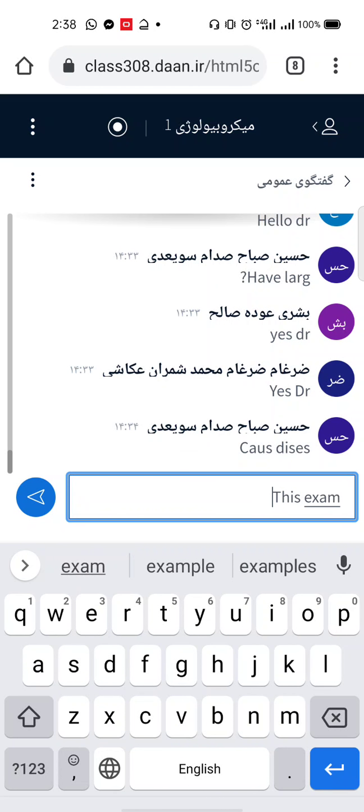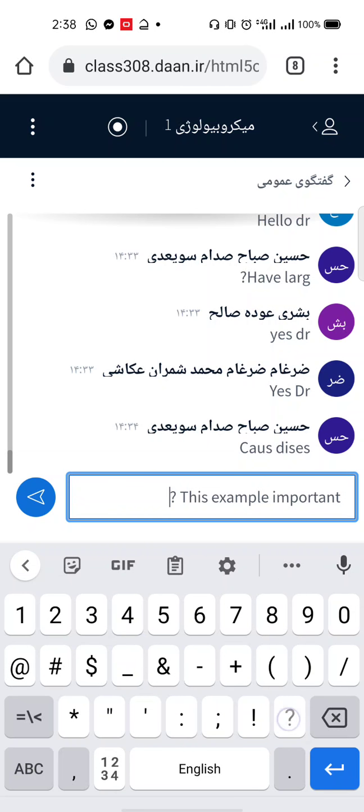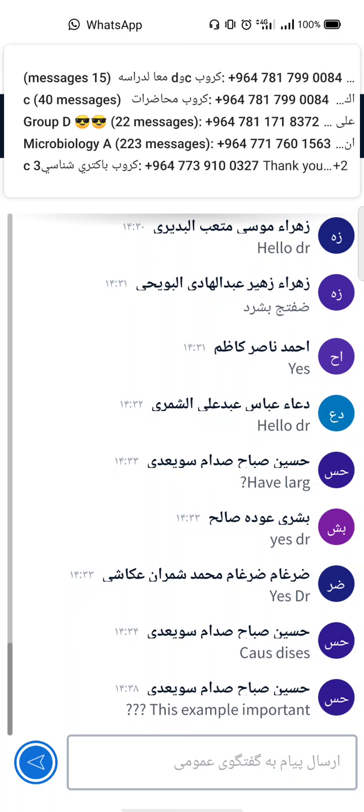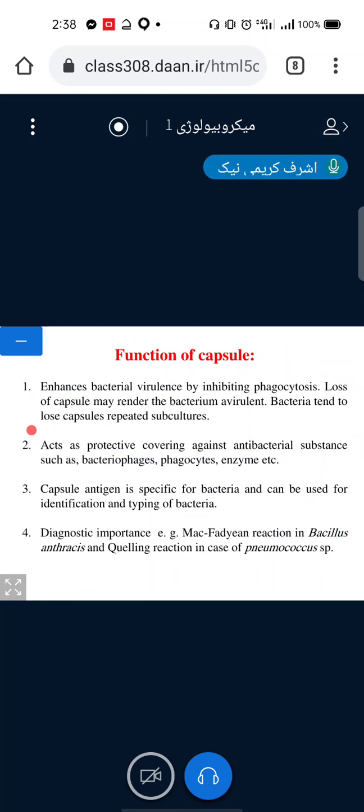Bacteria tend to lose capsules on repeated subcultures. When you culture and culture a bacterium repeatedly, it may lose its capsule.